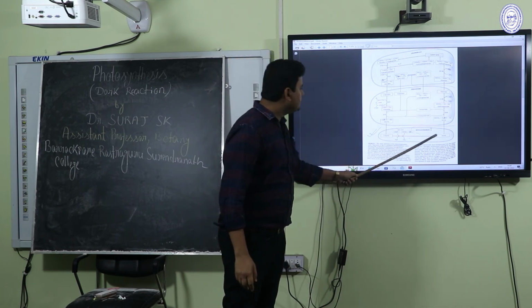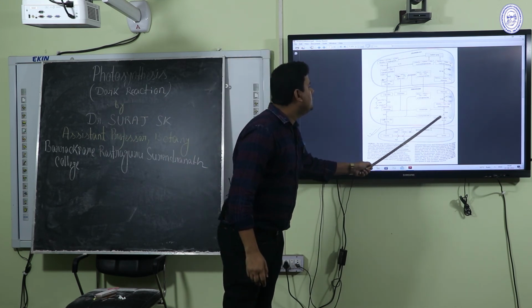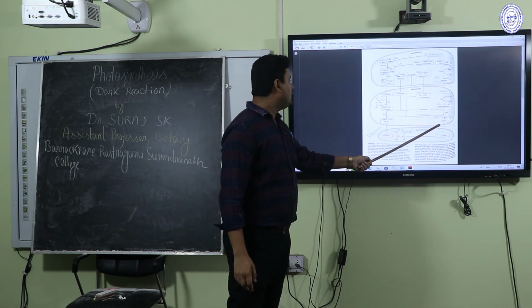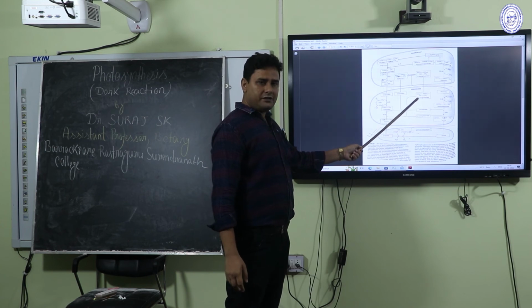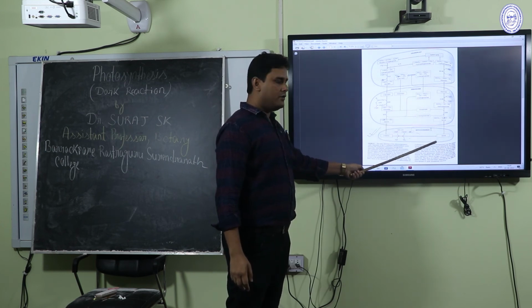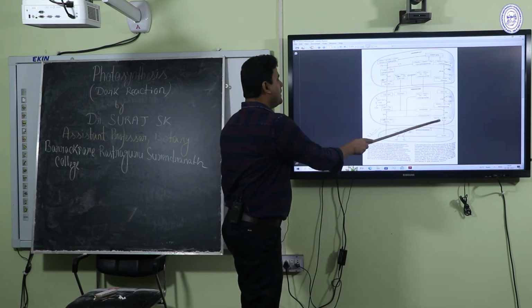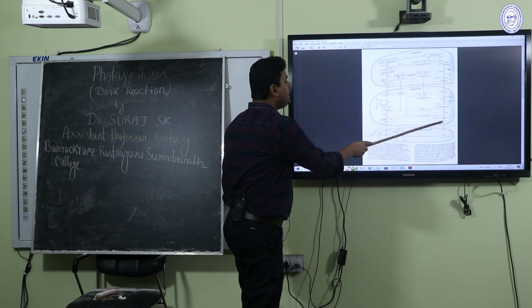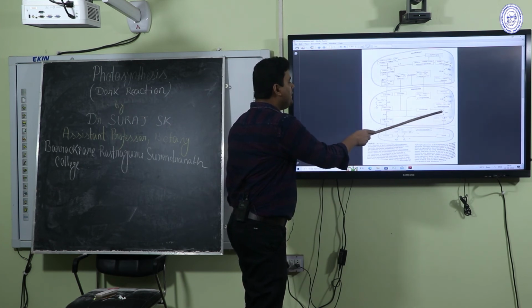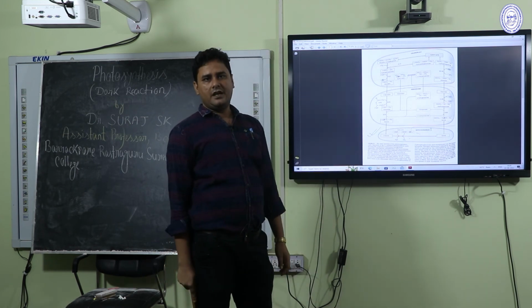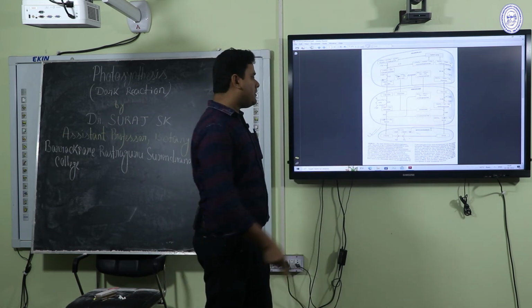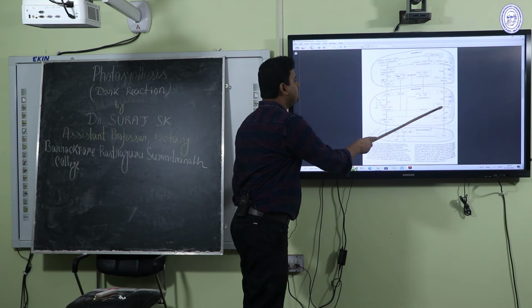Now serine will be transported into the peroxisome from mitochondria, and in the peroxisome, serine will be converted into hydroxypyruvate.